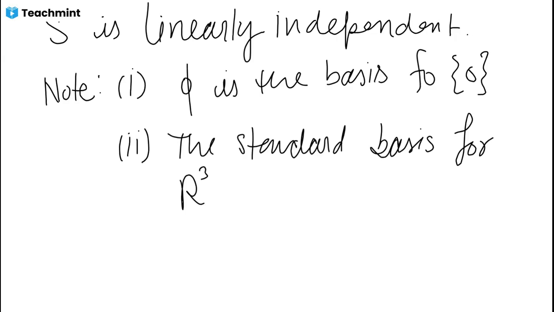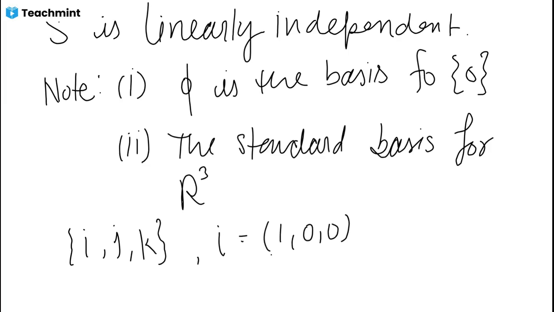We can express them as i, j, k in this form, like i is equal to 1 0 0, and j can be expressed as 0 1 0, and k as 0 0 1.